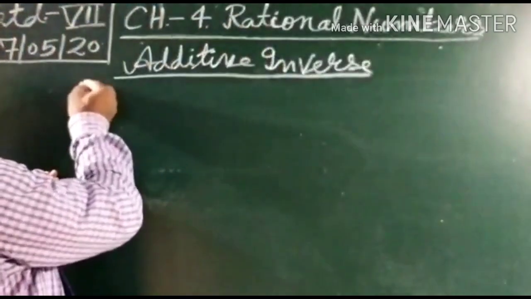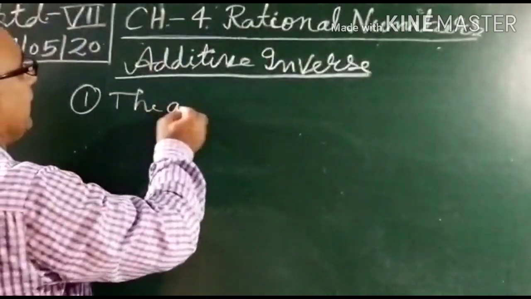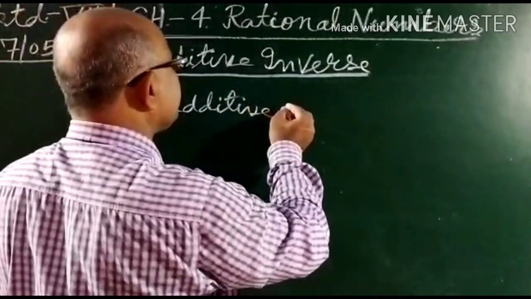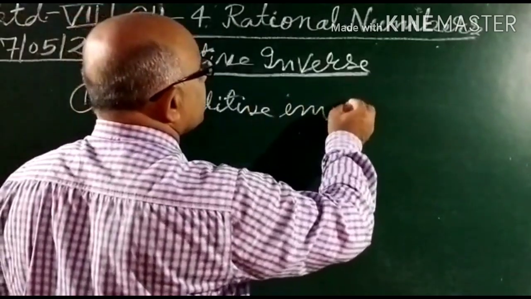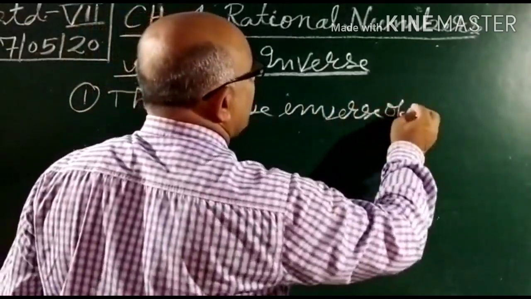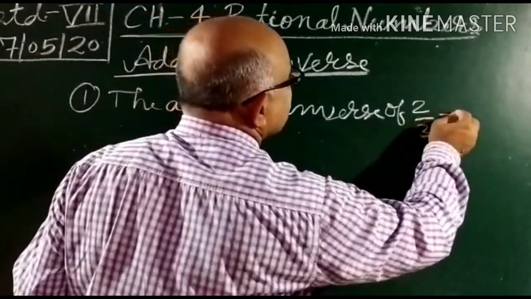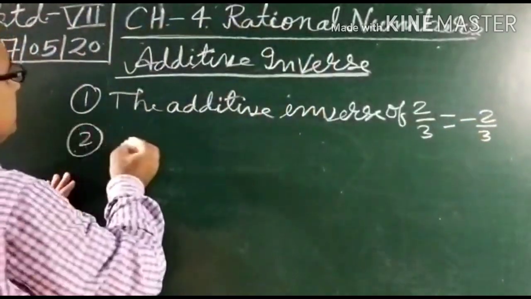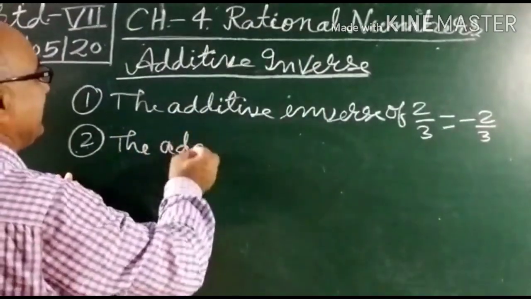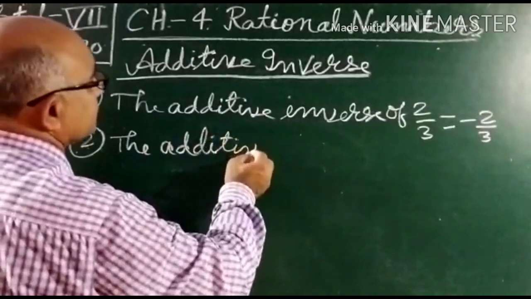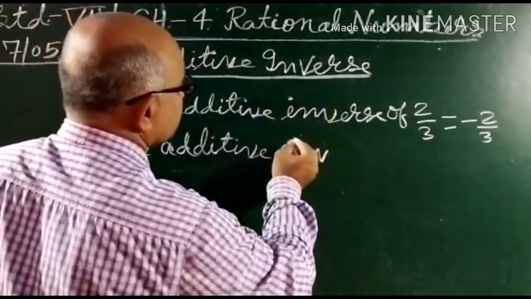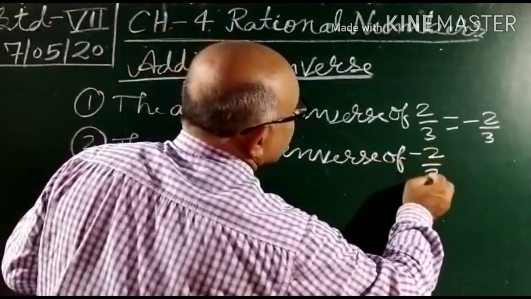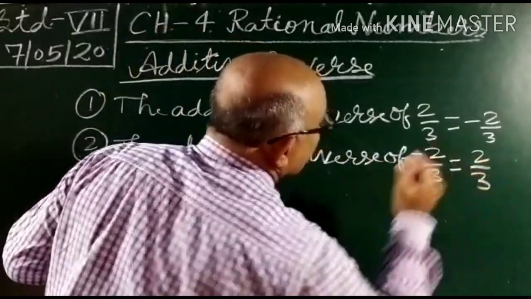So, the additive inverse of 2/3 equals minus 2/3, and the additive inverse of minus 2/3 equals 2/3.